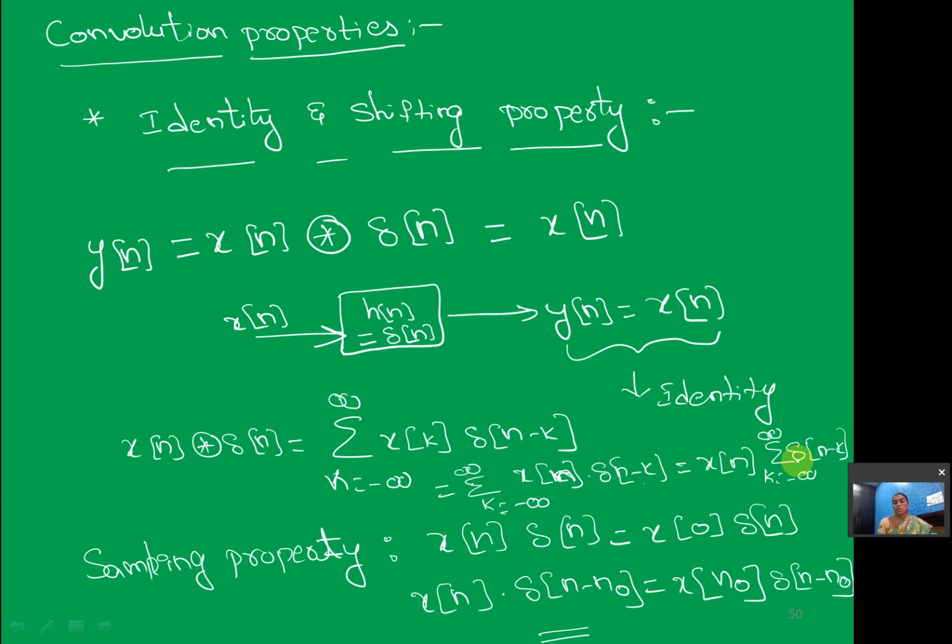Always 1, since it exists only at one value. At n is equal to k it gives the value 1. If you sum over the k range, you get the amplitude only at k is equal to n, and that value is 1. So the area under the curve, or the summation of the impulse sequence, is nothing but 1, which gives x of n. In this way we can prove that x of n convolved with del of n is always x of n. This is the identity property.